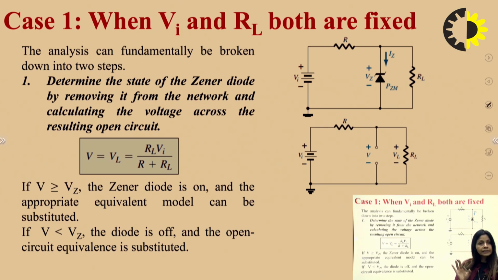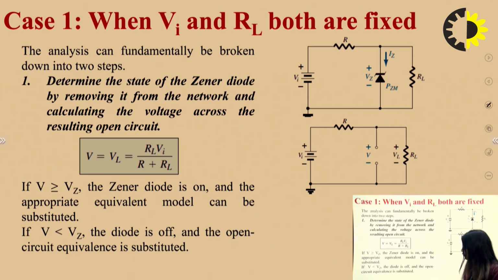It is just as if it is not present in the circuit. Just catch my point: if the voltage across the Zener terminals is less than Vz, then it will not react at all. If the Zener diode finds the voltage across its terminals greater than its Vz, then it will be very active, and it will become a battery of Vz.